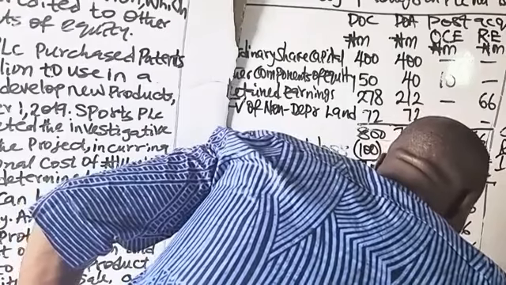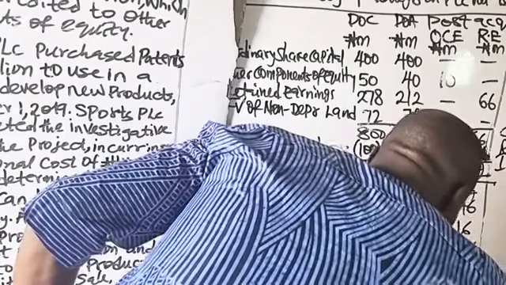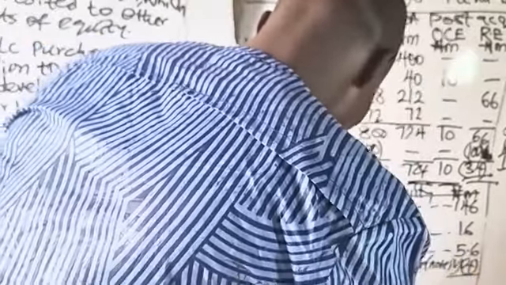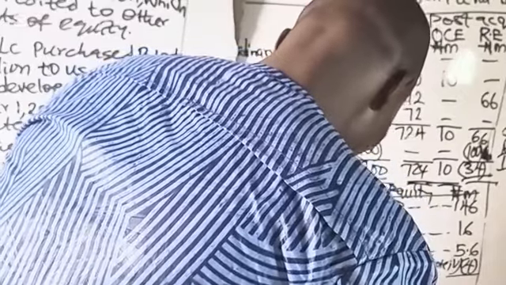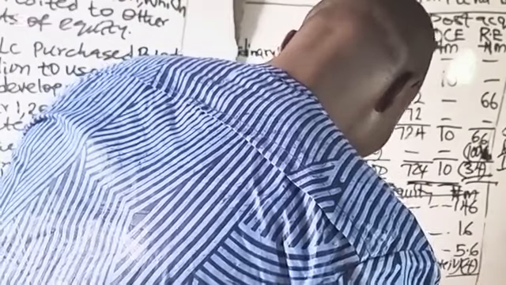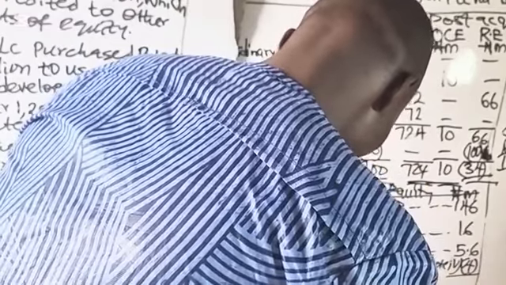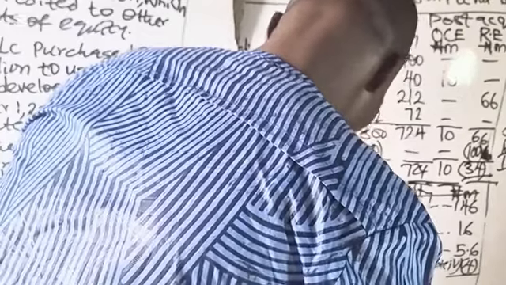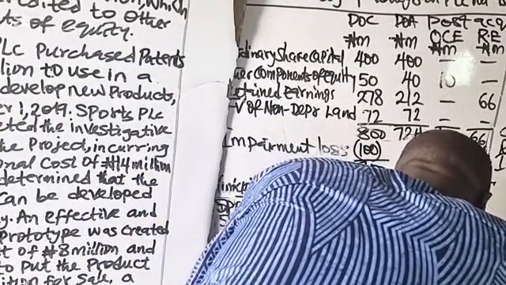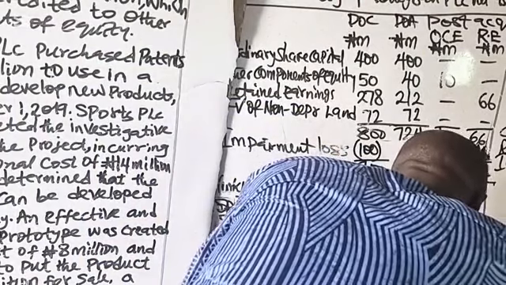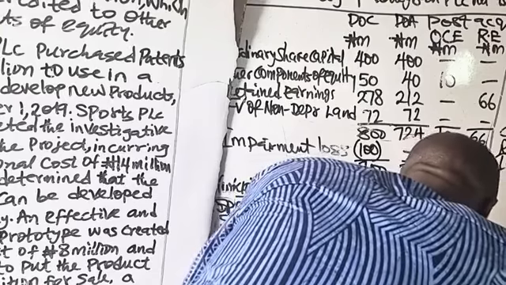And that dividend amounted to 4 million. We subtract it. So, after this adjustment, 146 plus 16 plus 5.6 minus 4, you have 163.6 million naira.